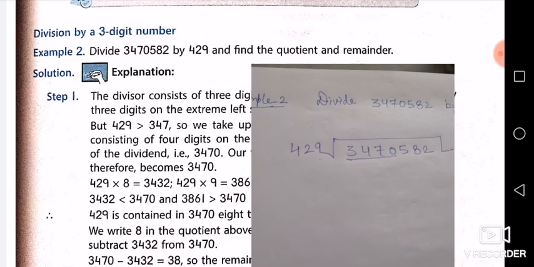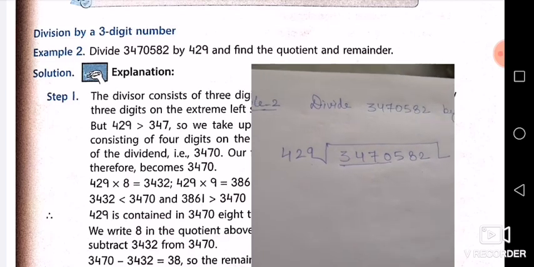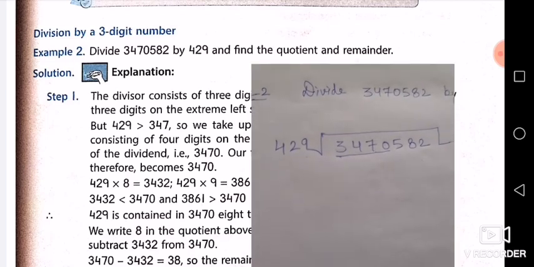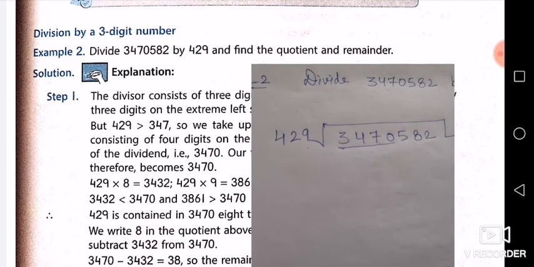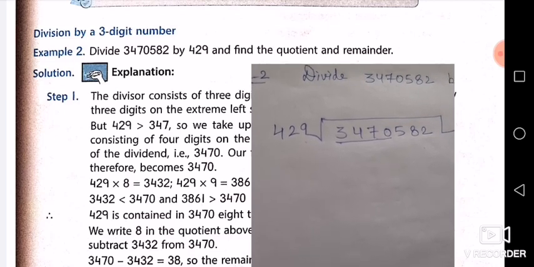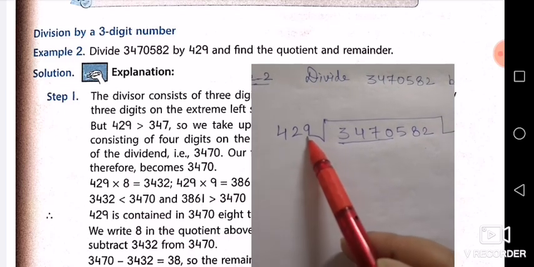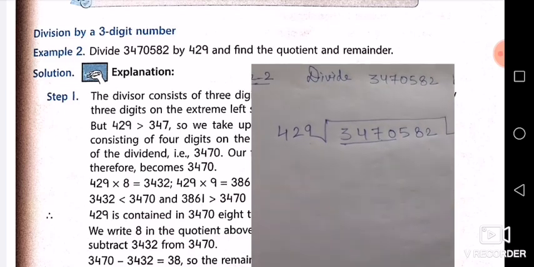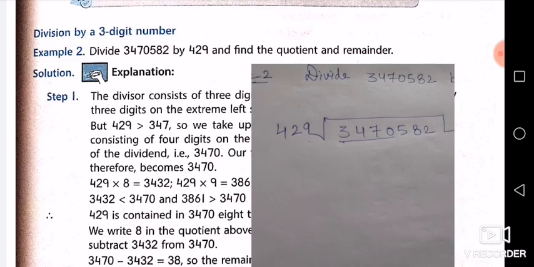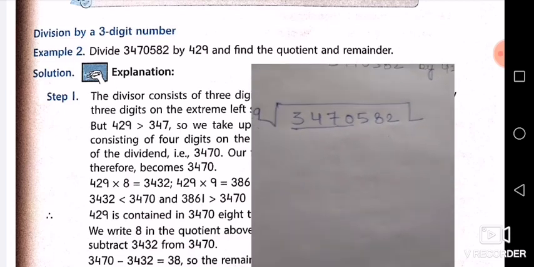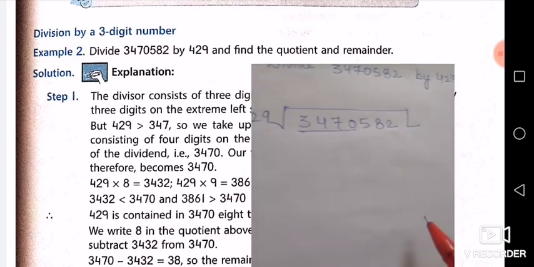Now yesterday I told you, when we are dividing by a 2-digit number, then we always write the times table. But here we have a bigger number, so it is not possible every time to write all the times tables on one side and then do the division.